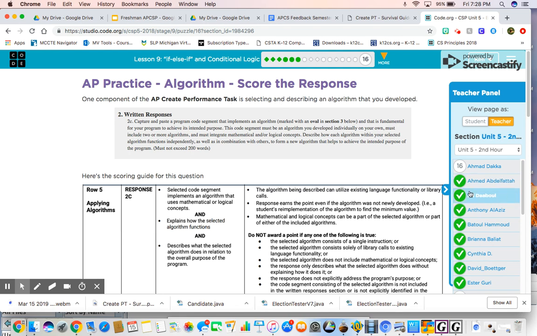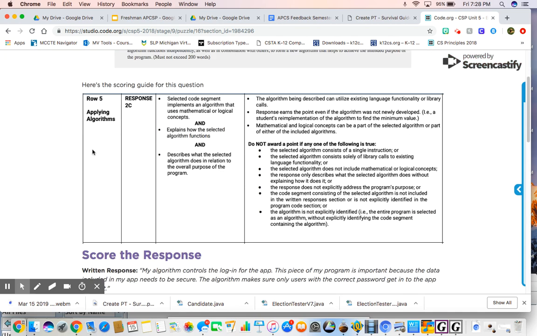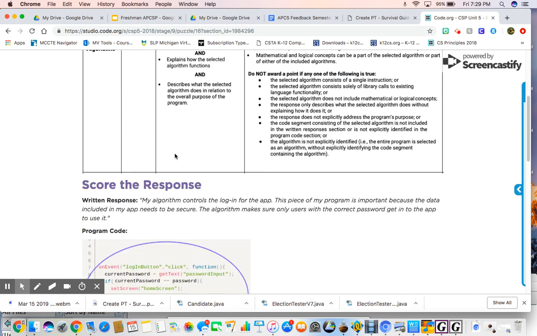Okay, so the subtask we're working on is selecting and describing an algorithm. Now, in terms of the rubric, row 5, the selected code segment implements an algorithm that uses math or logical concepts and explains how the selected algorithm functions and describes what the selected algorithm does in relation to the overall purpose of the program.